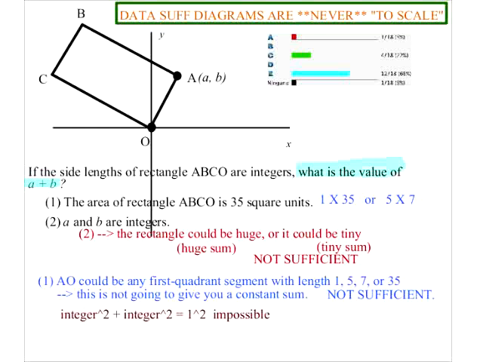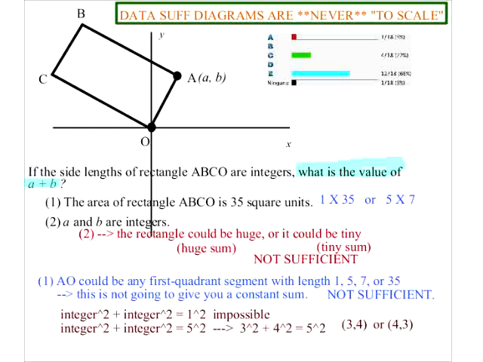If you have integer squared plus integer squared equals 5 squared, this can work: 3 squared plus 4 squared is 5 squared. So you can have the point (3,4) or you can have the point (4,3).